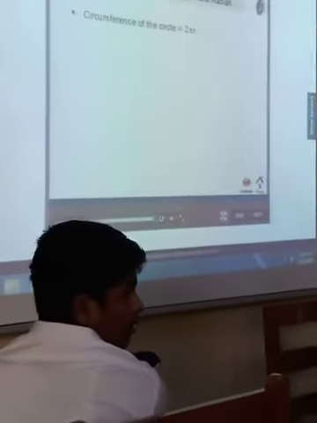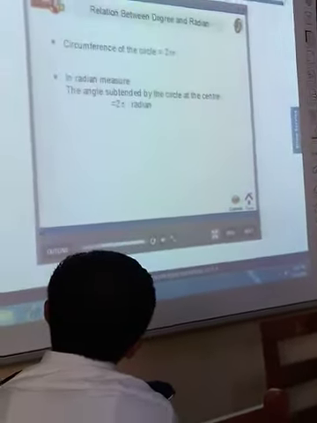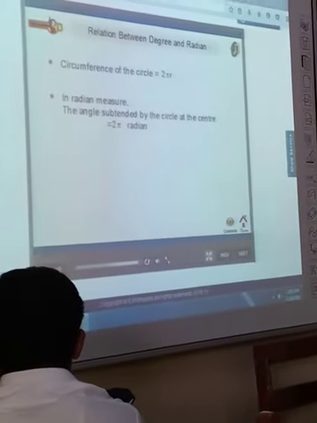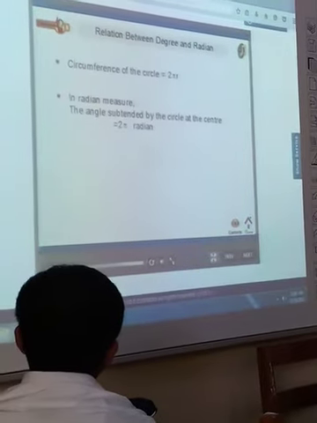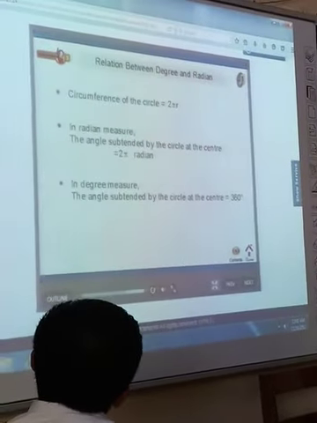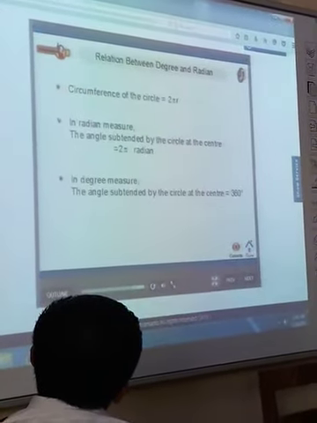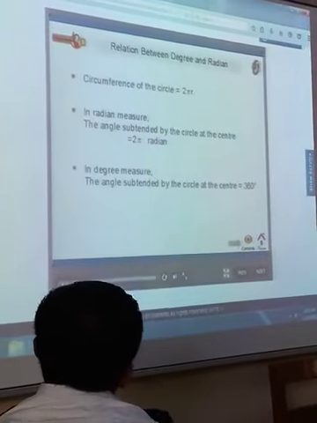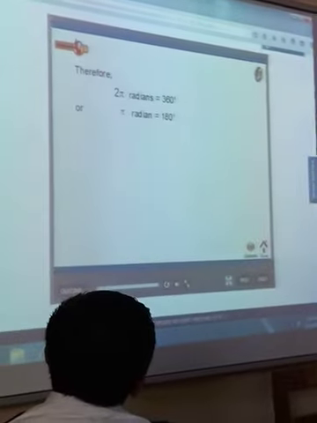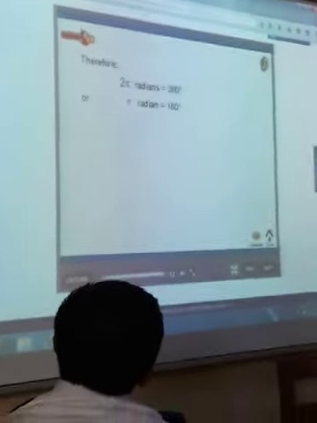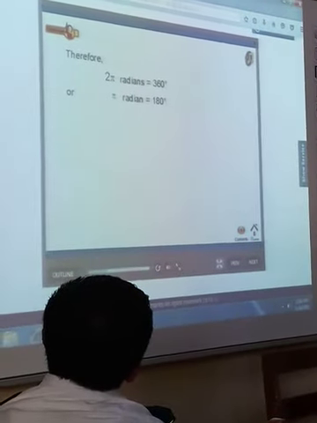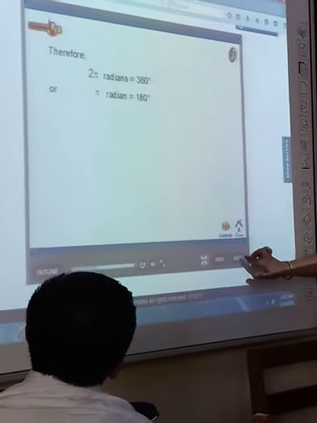The circumference of the circle is equal to 2 pi r. In radian measure, the angle subtended by the circle at the center is equal to 2 pi radians. In degree measure, the angle subtended by the circle at the center is equal to 360 degrees. Therefore, 2 pi radians is equal to 360 degrees, or pi radians is equal to 180 degrees.